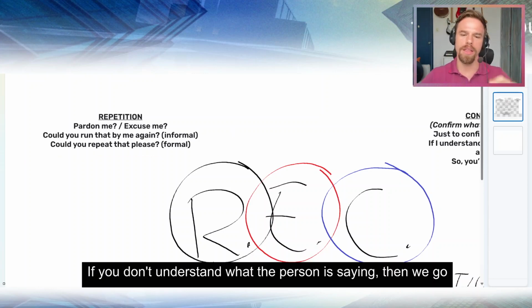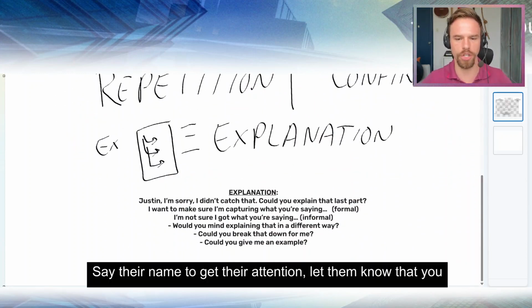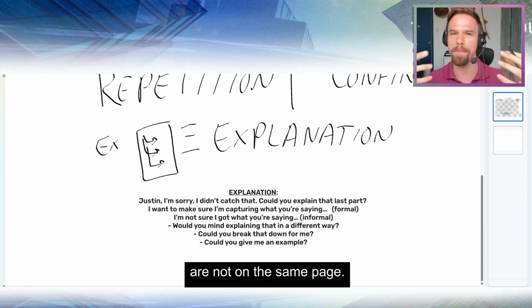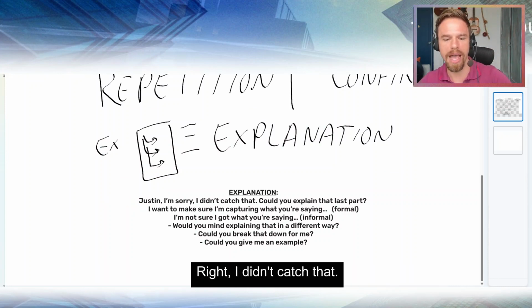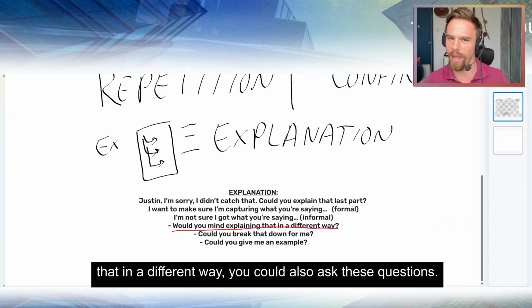Okay? If you don't understand what the person is saying, then we go for an explanation. Say their name to get their attention. Let them know that you are not on the same page, right? I didn't catch that. Could you explain that, please? Or would you mind explaining that in a different way?